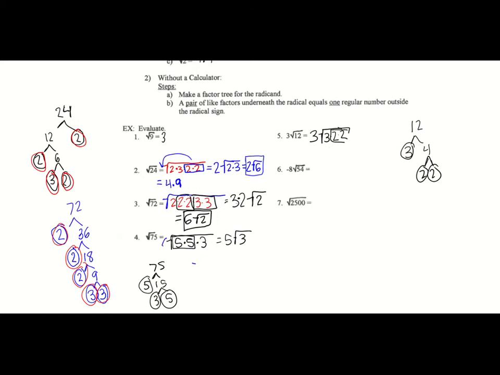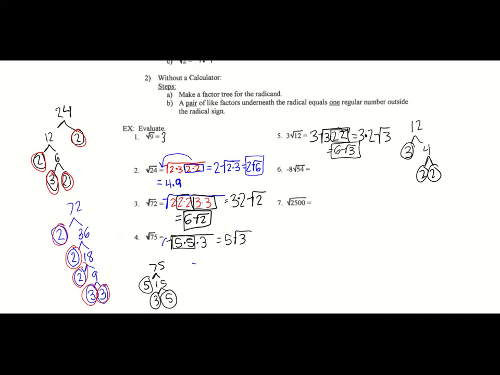I've got a pair of 2's, so I can take 1 out. And then I have 3 times 2 square root of 3 left. 3 times 2 is 6, and I have a square root of 3. That is my answer for number 5.